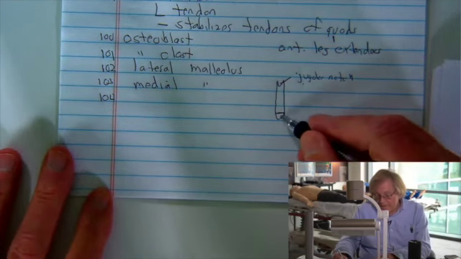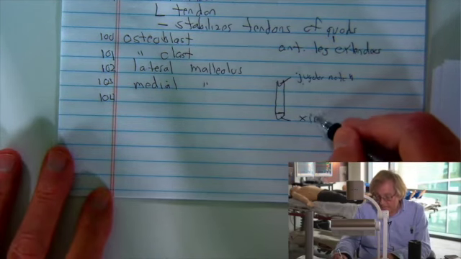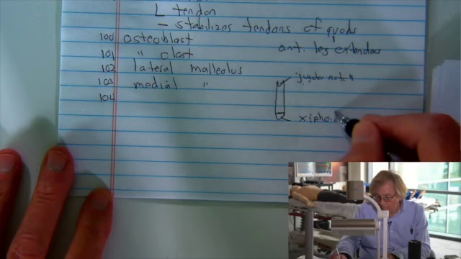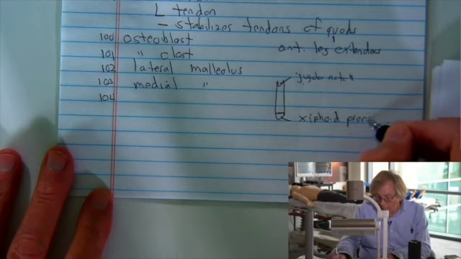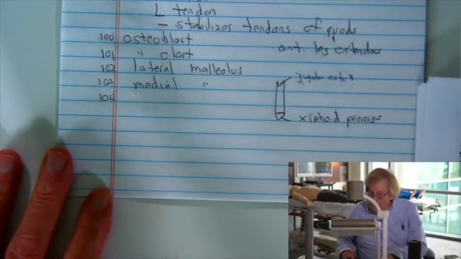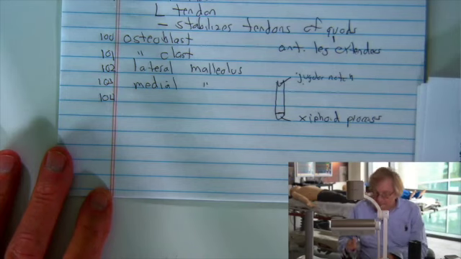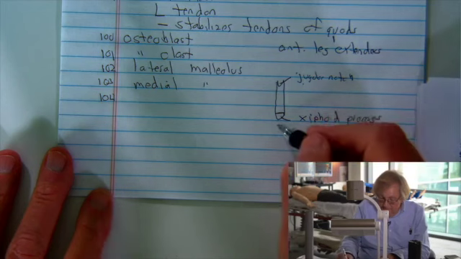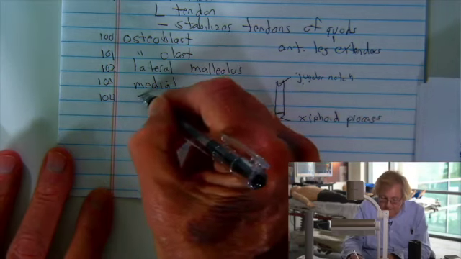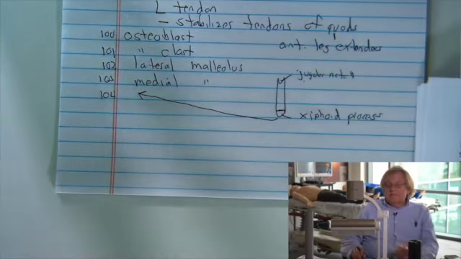This is going to be my xiphoid process. So when 104 says the inferior breastbone process, that's the xiphoid process. Significance, that's what you're going to break in CPR.